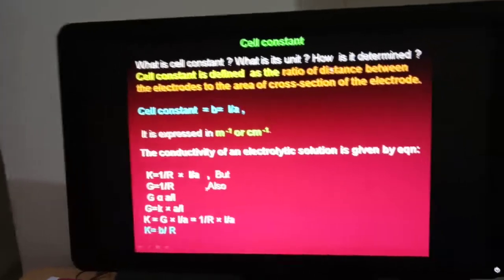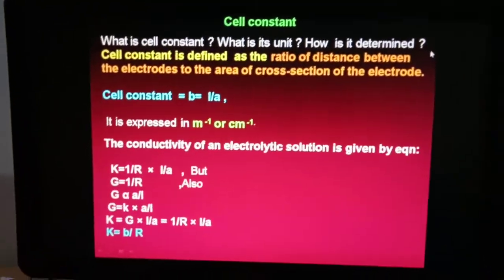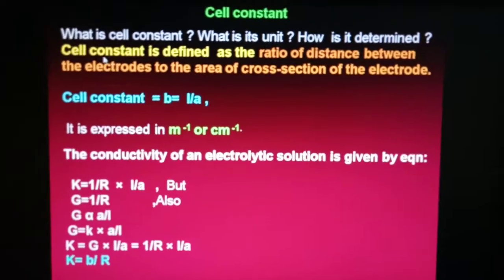While solving several numericals on conductivity and molar conductivity, we should know another important term which is called cell constant. So what is cell constant? What is its unit? How is it determined? Let us see in brief about it.